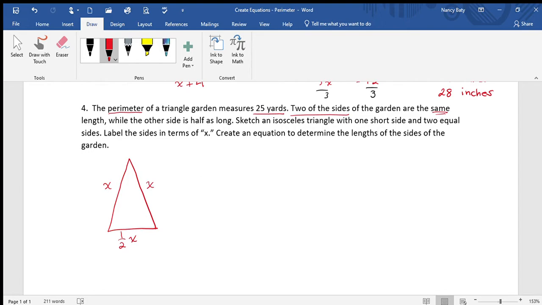Create an equation. Okay, perimeter means add up the 3 sides. So you take your expressions for your sides, and added together they have to equal 25 yards. 1 plus 1 is 2, 2 plus a half is 2.5, so 2.5x equals 25 yards.